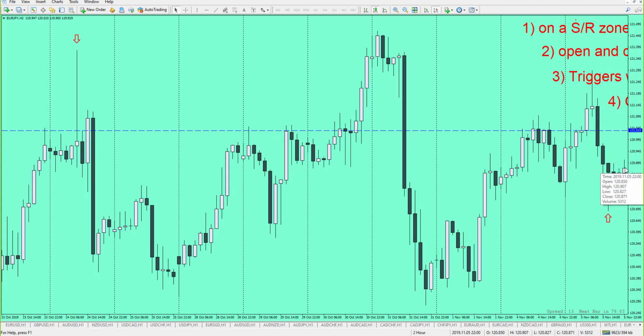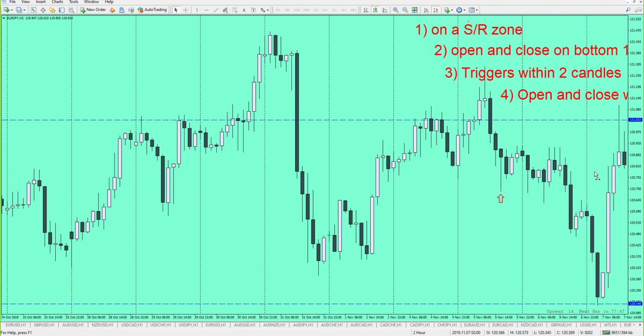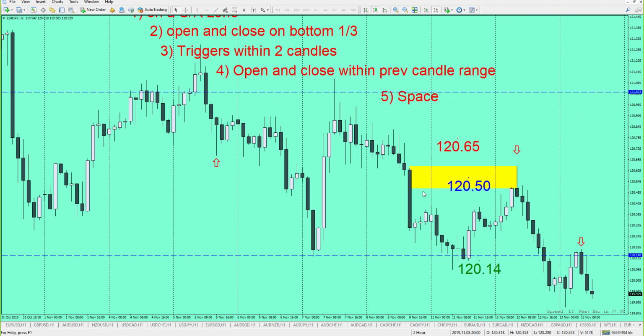If I had left my order in for candle 3, I probably would have been triggered on a buy stop here. But that's why I use the 2 candle rule. I want some momentum. I'm saying the market's going to turn around here, so if it doesn't, I'm possibly wrong, and I don't want to deal with it. I would have been wrong here, getting triggered on this candle and then stopped out over here. Boom, you're done. Cool. All right.